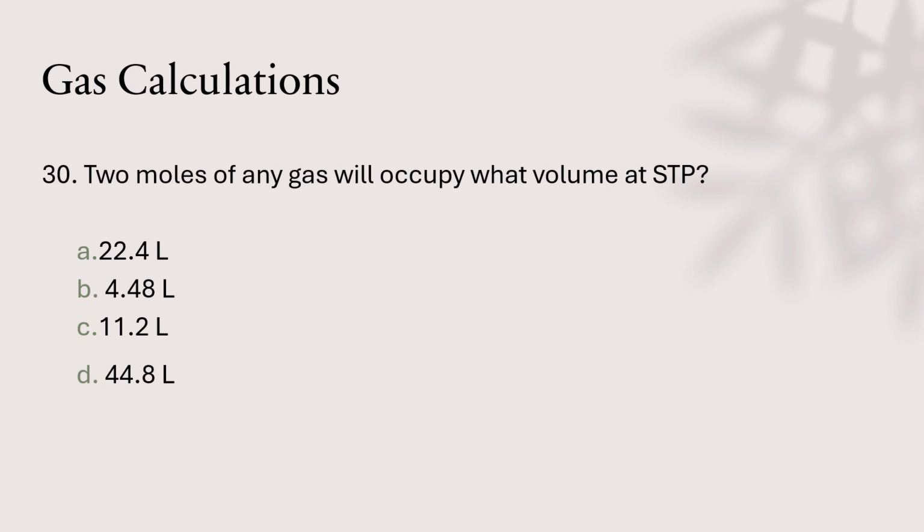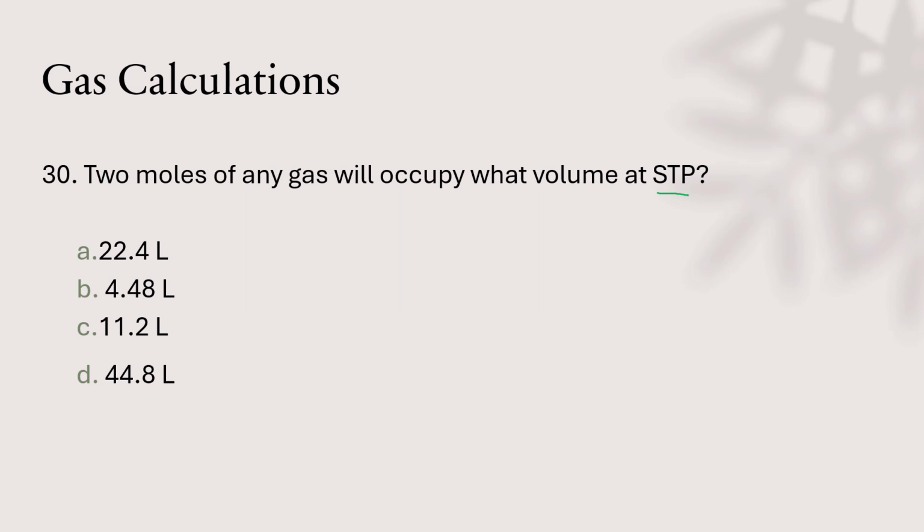So looking at gas calculations, obviously you'll probably end up having some calculations either using the ideal gas law, PV = nRT, or even using the combined gas law. But this one is relating to STP, so standard temperature and pressure.